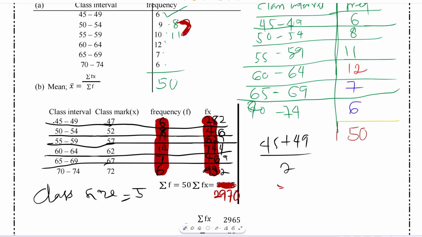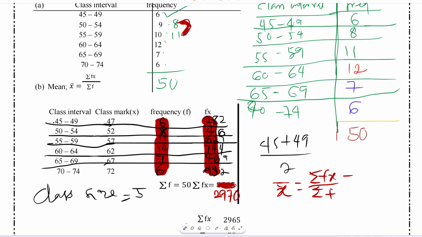So now let's get our mean. The mean without assumption is summation fx over summation f.